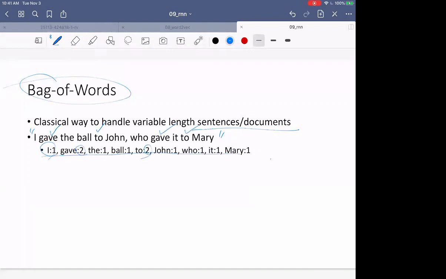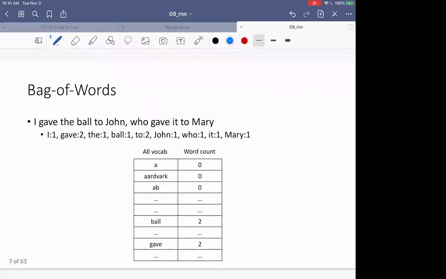And if you want to represent it as a vector, what you first need to prepare is a dictionary of all the vocabulary. Every single possible word in English, you must know beforehand. So this is your entire vocab or dictionary.